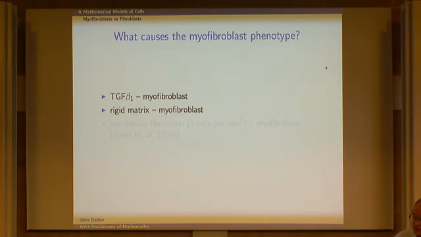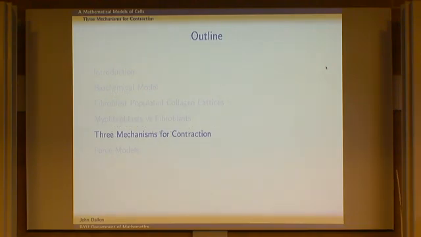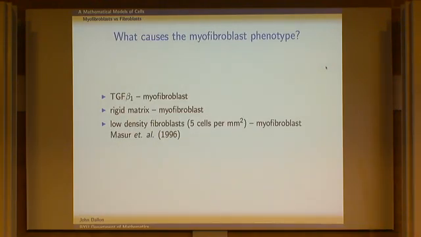They feel the stress because they're trying to spread out on it, so they start to differentiate into myofibroblasts. And at low densities, if you plate them and they become confluent, you have more myofibroblasts, which is unclear why. Yeah, so if you plate them at very low densities and grow them to confluence, then you get more myofibroblasts than fibroblasts.